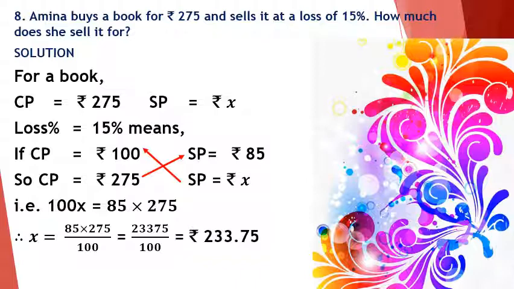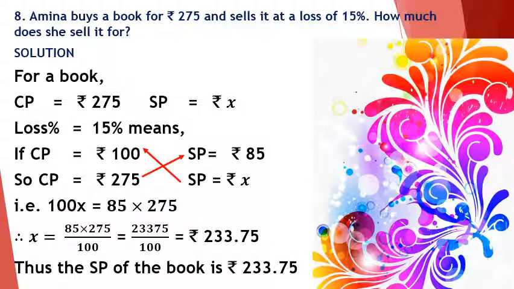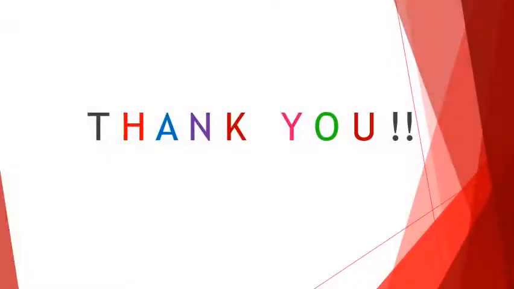Division by 100: remove 2 digits from the right side and put the decimal point. So we get 233.75. What is X here? Yes, X is the SP. Hence, the SP of the book is rupees 233.75.